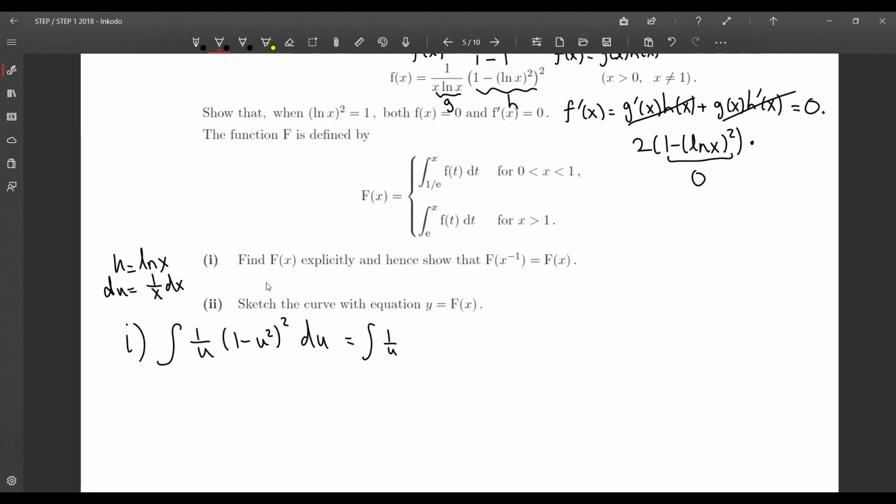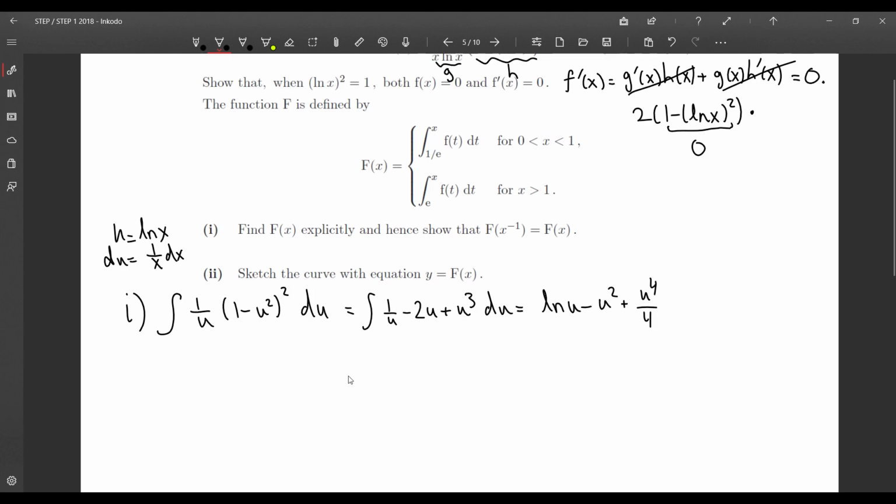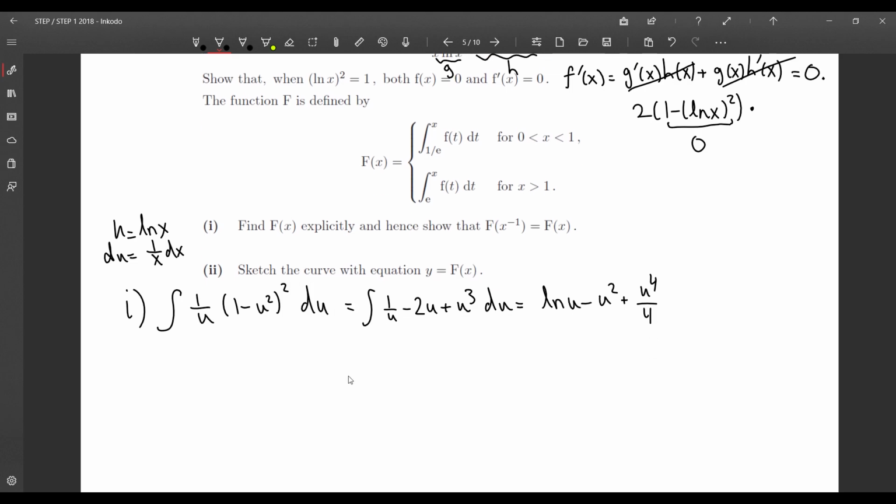Or at least, with this 1 over u still, we get a minus 2u, and then plus u to the 4th, that becomes plus u cubed, du. This becomes ln u minus u squared plus u to the 4th over 4. And so that's going to be ln x minus ln x squared plus ln x to the 4th over 4.